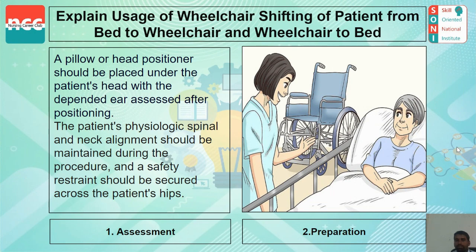The patient's physiologic, spinal, and neck alignment should be maintained during the procedure, and a safety restraint should be secured across the patient's hips. And the patient's physical state should be in a proper way, and spinal and neck alignment should be erect and in a straight position so that a patient can feel better than ever.